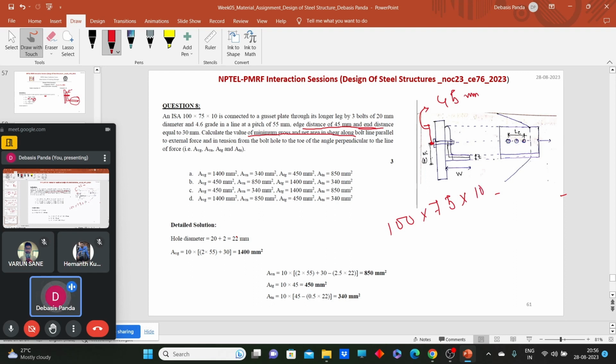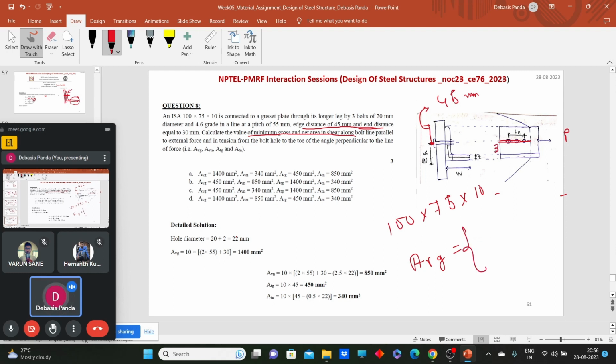So tell me which should be the shear plane. Obviously, this plane will be the shear plane. Yes or no? This is the application of load. So this will be the shear plane. So what is the value of AVG, the total gross cross-sectional area along the shear plane? We need to calculate the total length.